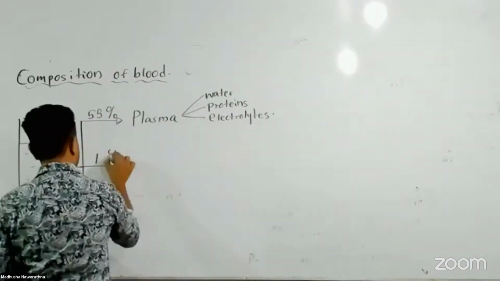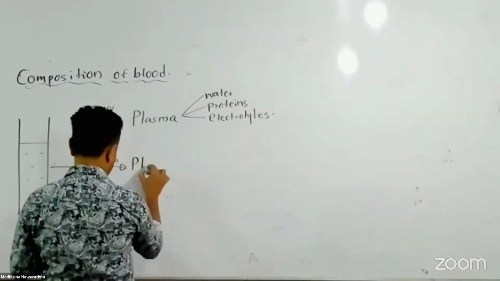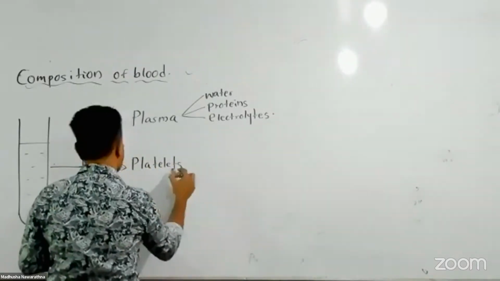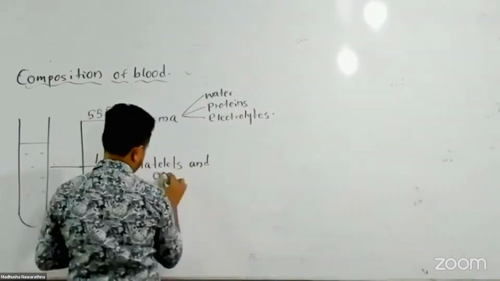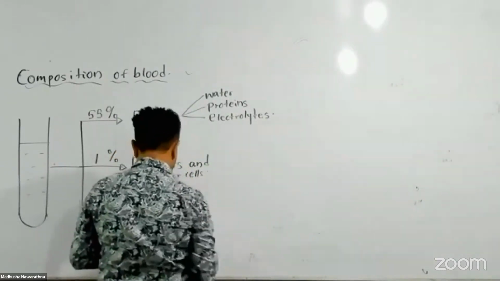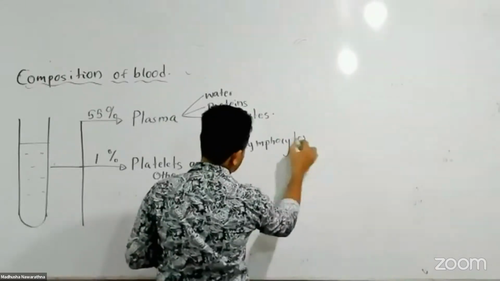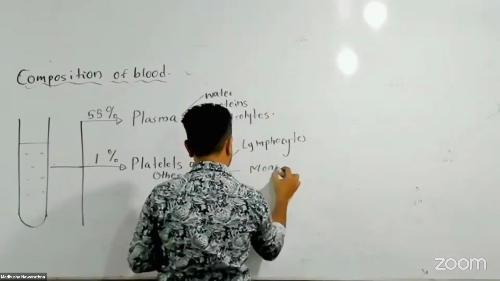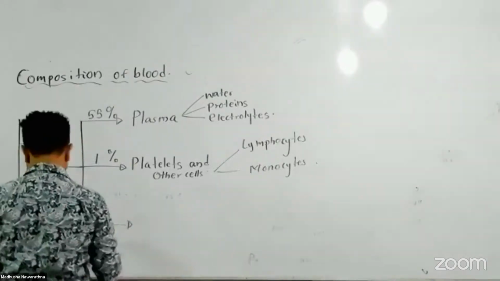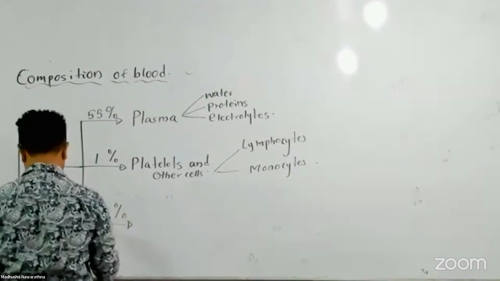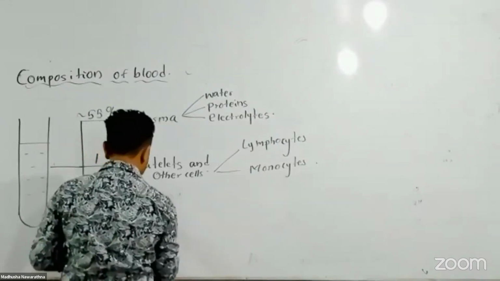Then 1% of platelets and other cells, lymphocytes and monocytes. Then how much is left? Nearly 45%. This may vary slightly, that is why 45 came. Red blood cells.